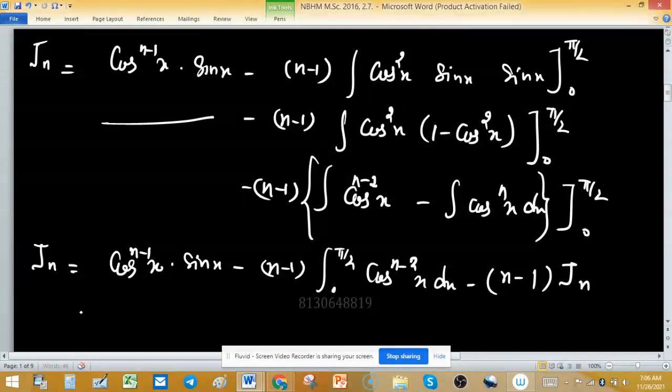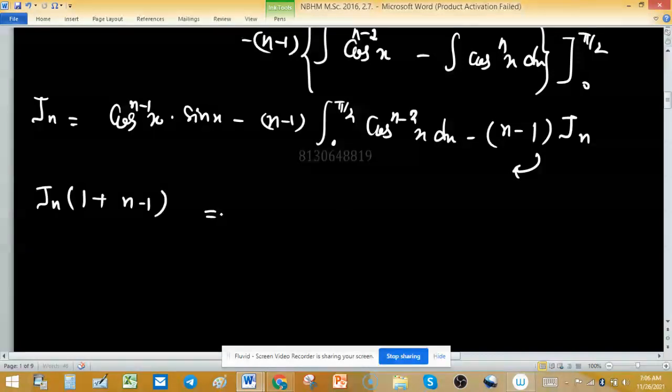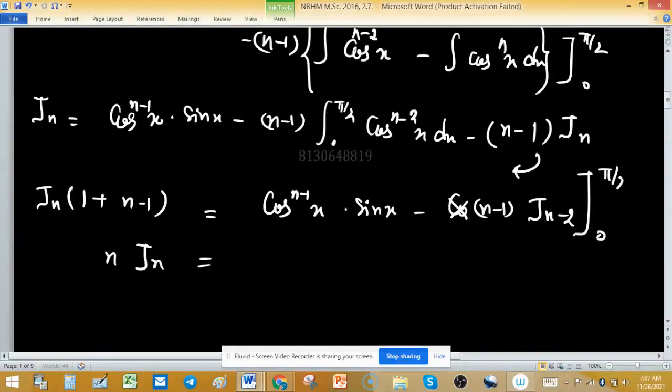So you can take this Jn to the left-hand side. So Jn plus (n-1) Jn equal to cos^(n-1) x into sin x minus (n-1) J(n-2), and this one equals n Jn, also with limit from 0 to pi by 2.